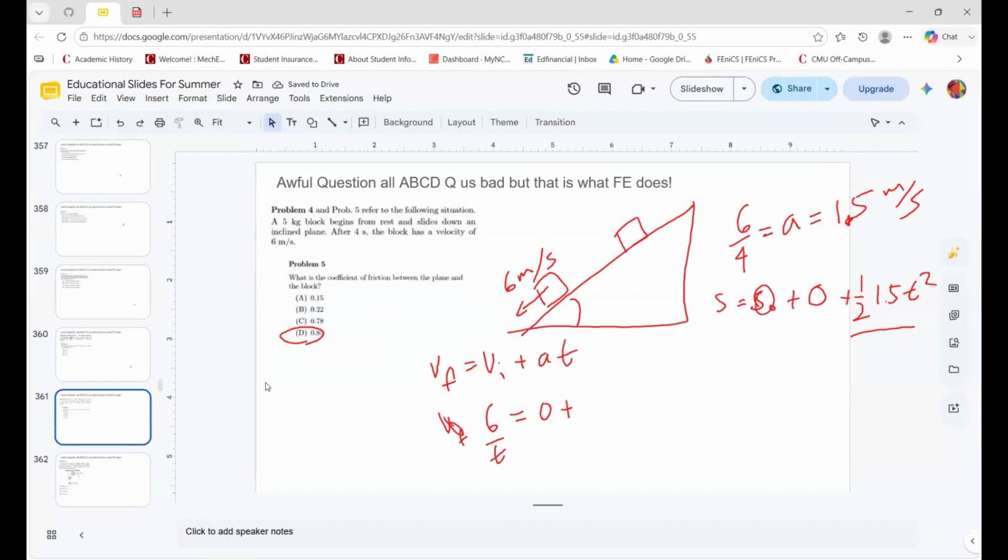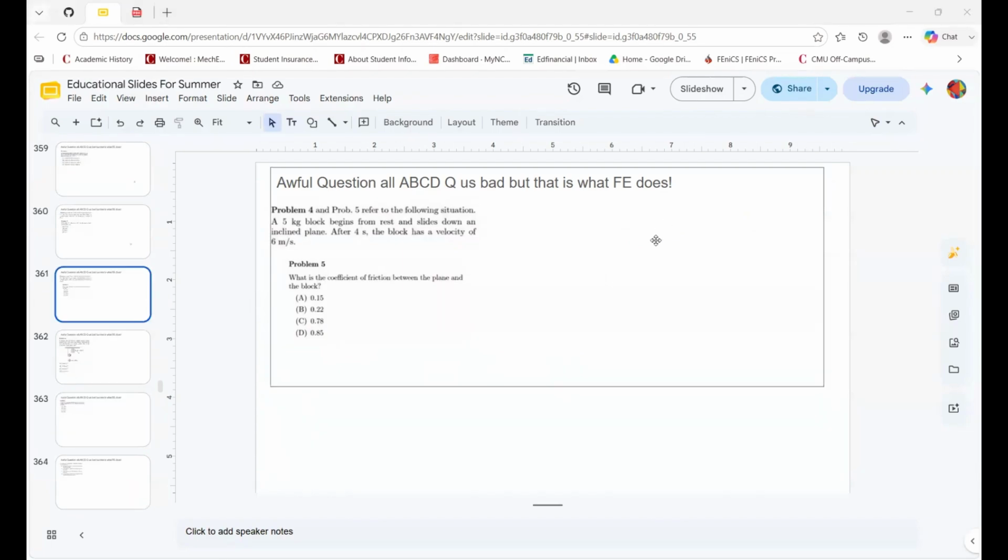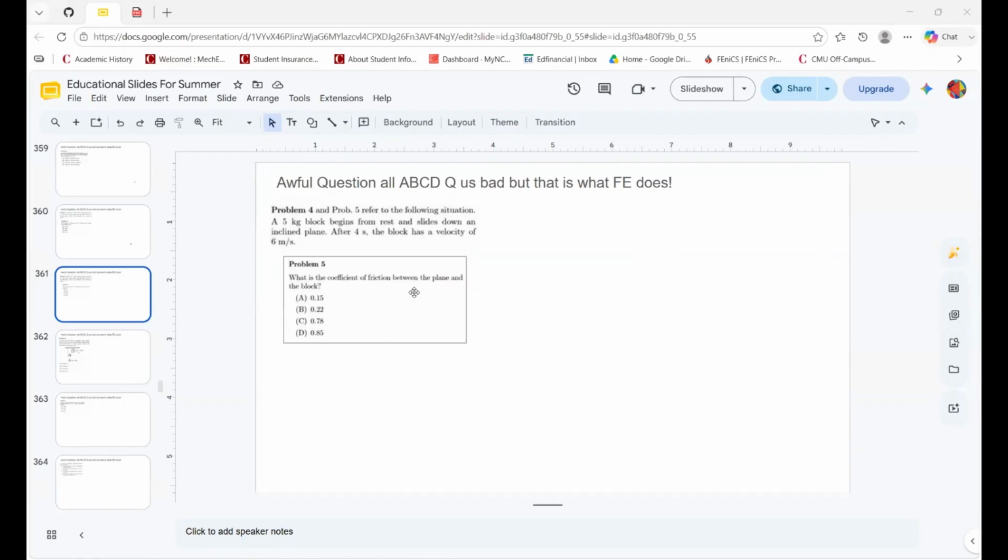Next up is this one. What's the coefficient of friction between the plane and the block? We get 45 degrees from earlier, and then we just solve this.